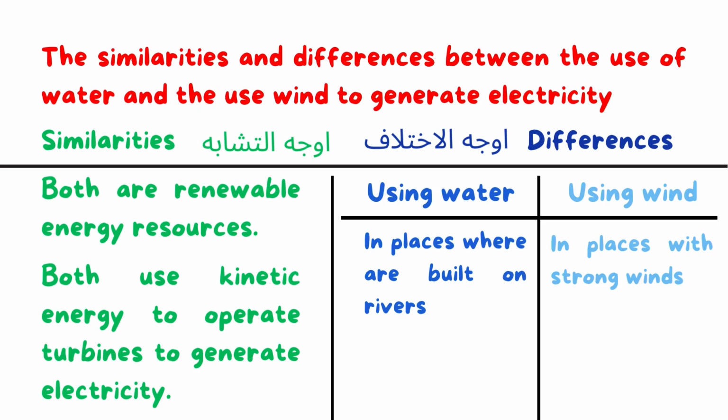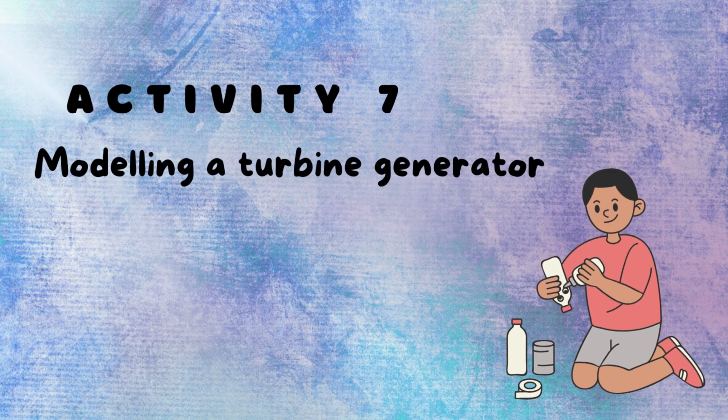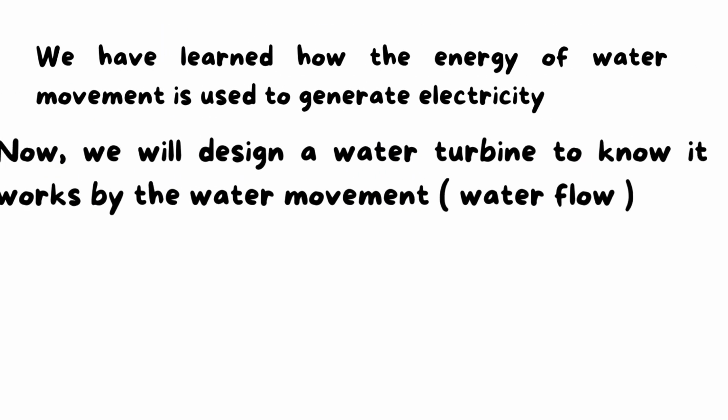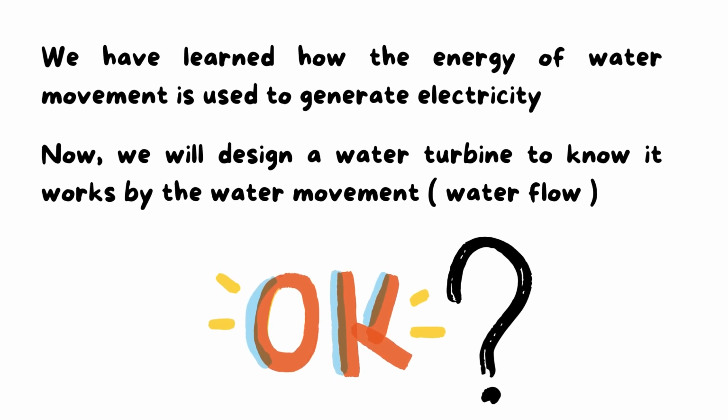Now we finished this activity and we will go to activity 7, modeling a turbine generator. It is an easy and nice activity as we will make a small water turbine in our homes. We have learned how the energy of water movement is used to generate electricity: the water flow causes the turbines to rotate and operate the generators, and electricity is generated.